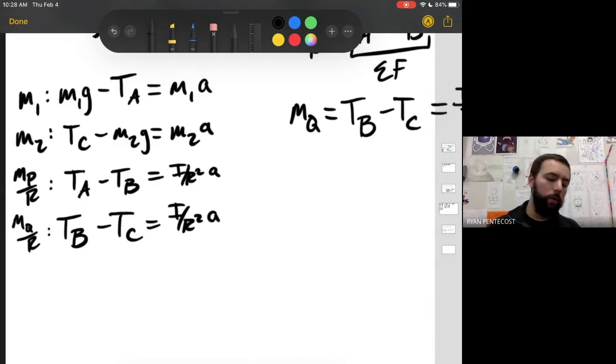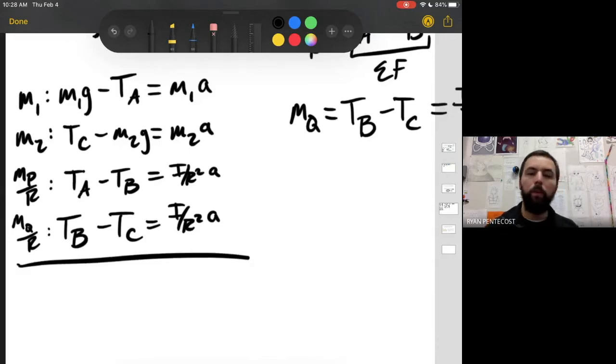Now what we're going to do is stack and rack. You essentially add everything up. However, tension A, you've got positive and negative. Tension C, positive and negative. Tension B, positive and negative. Remember, tension can usually be canceled out or substituted away if you do your math right.